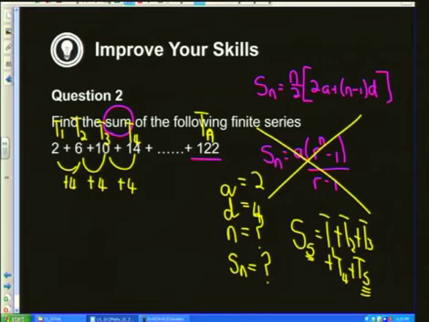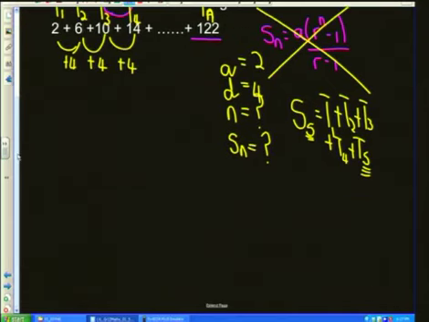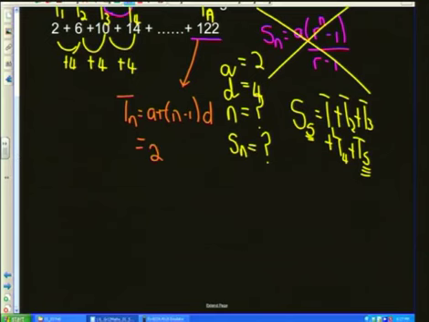Now, does that help me? Because I've got a formula for term N. What does the formula for term N look like? Well, let's just get some space here. I'm just having some fun dragging this down. There you go. This formula would be Tn equals A plus (n minus 1)d. And what do I know in this formula? Well, I do know A, as we said it's 2.